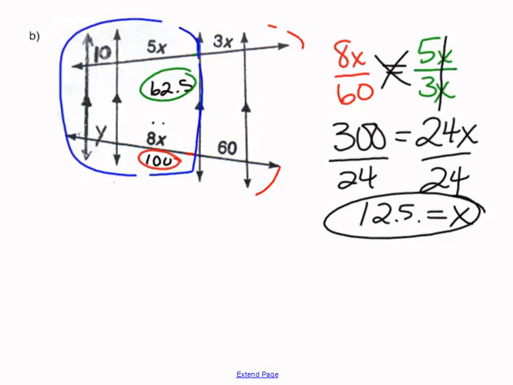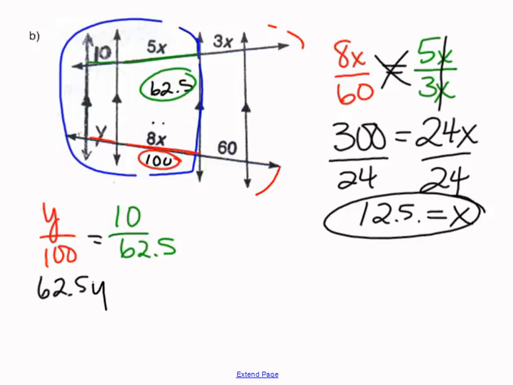I've got y over 100. And I have 10 over 62.5. Okay, so now when I do the math, I end up with 62.5y equals 1,000.